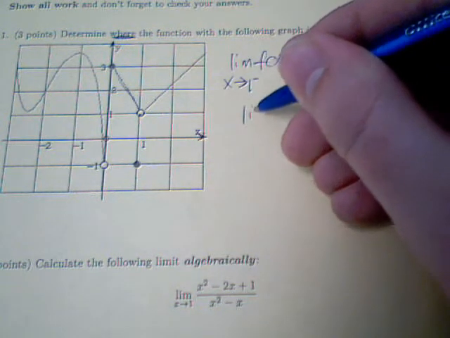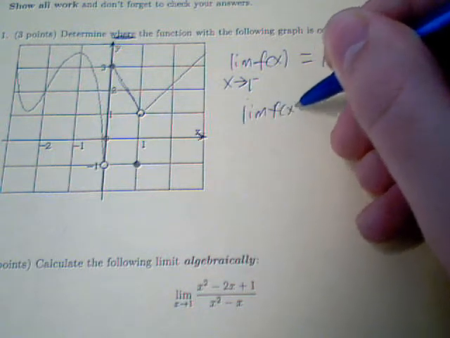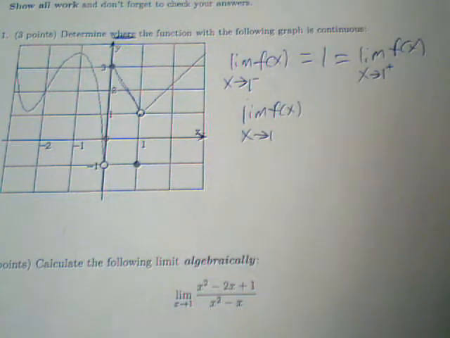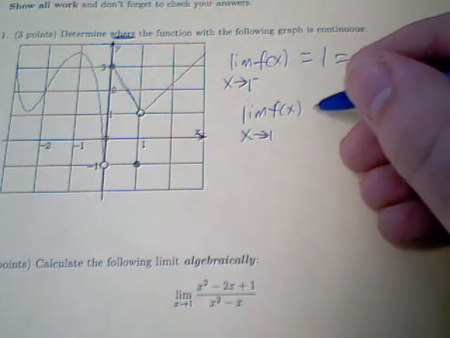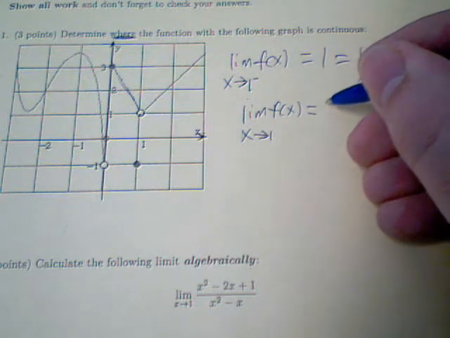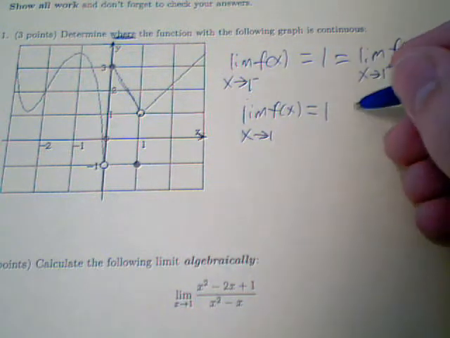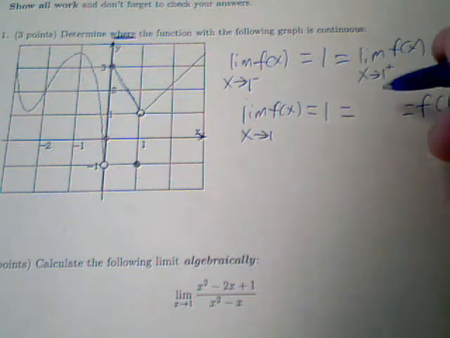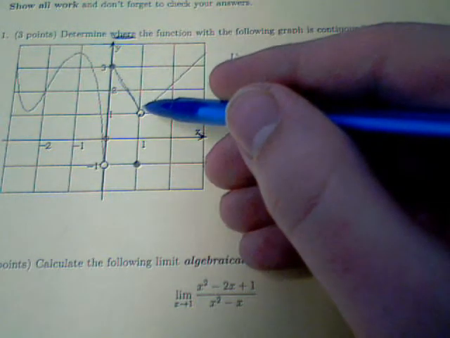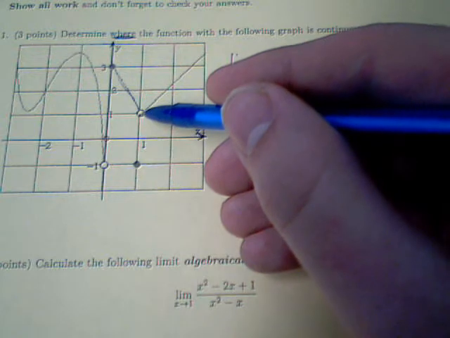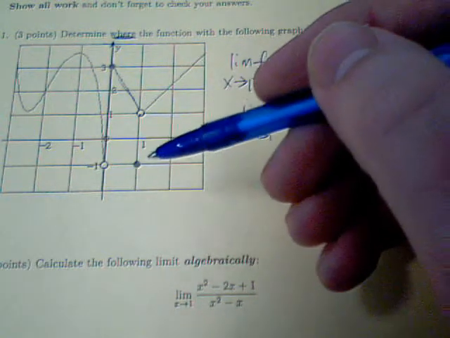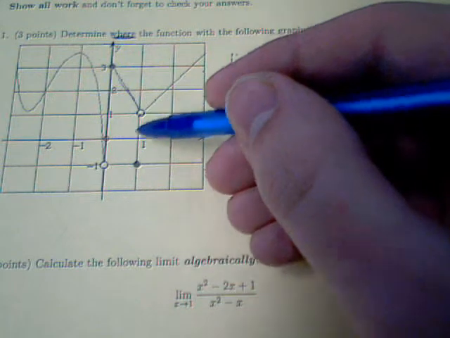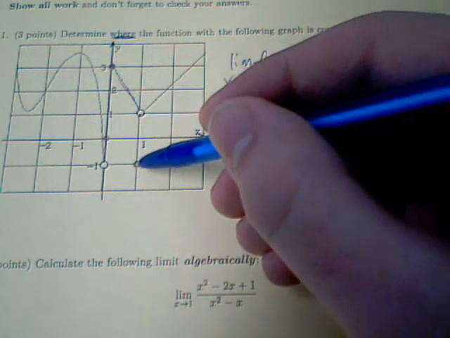So the limit as x approaches 1 exists. Limit from the left equals limit from the right. Limit exists, and it's just 1. So I want to check, is this the same as the function at 1? If I plug in 1 to this function, I've got an open circle and a closed circle. f of 1, this closed circle is going to be this value.